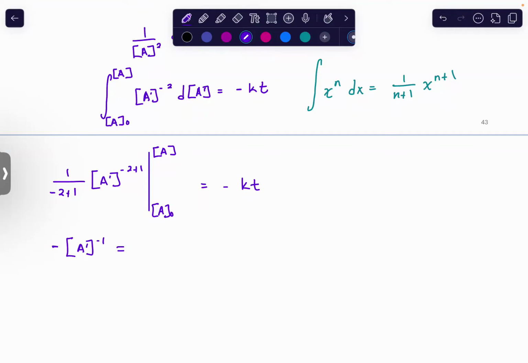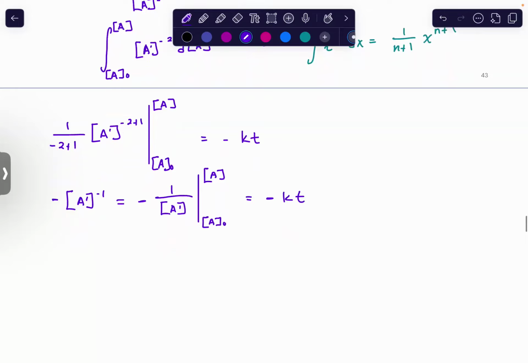And so that -1 exponent means that that concentration is going to go in the denominator. Okay, we can cancel the negative out on both sides. And essentially what we're going to get now is 1 over [A] minus 1 over [A]0 equals kt.